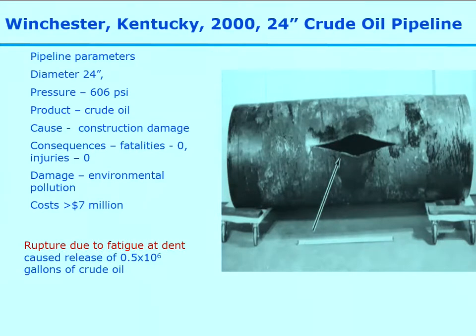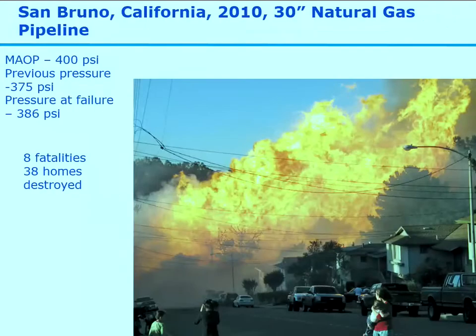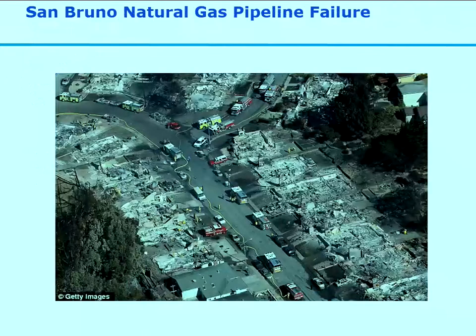Now, the pipeline was built in 1956, so it was well over 50 years old when it failed. And when it had been built, there had been absolutely nothing in that location. So it shows the fact that things happen around pipelines during their lives, which then significantly affect the risks that those pipelines pose to the surrounding people and infrastructure.